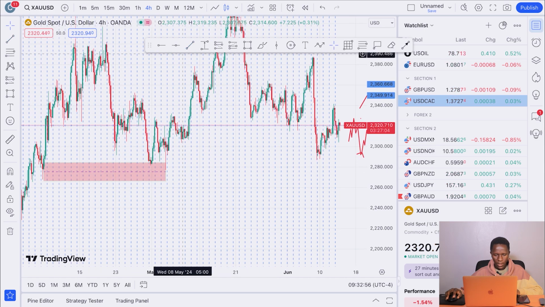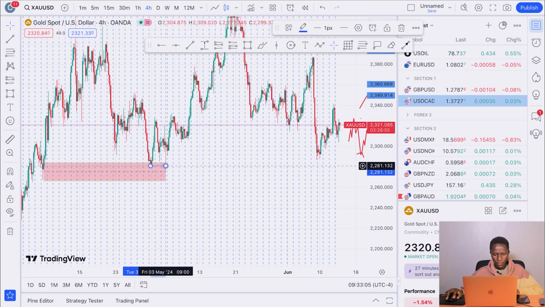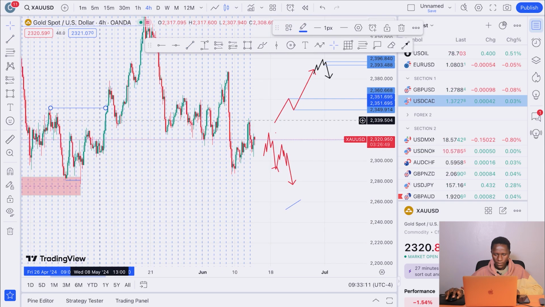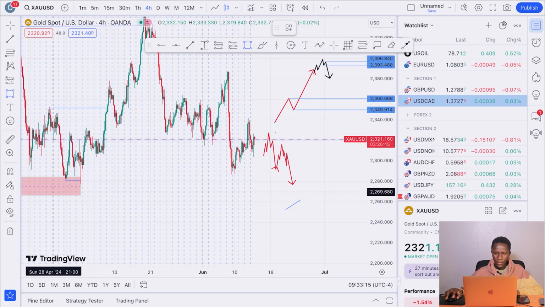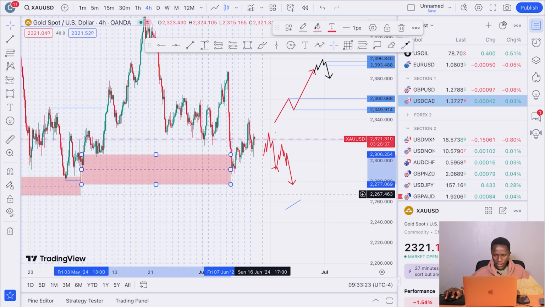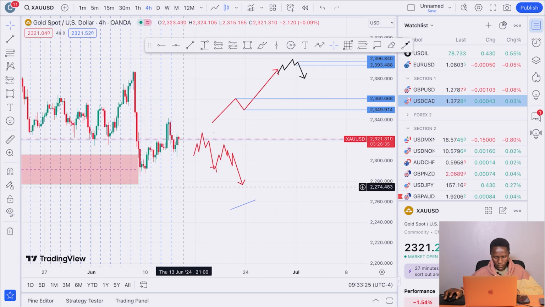I see the gold had to mitigate this, and it had swept, it choked, then it came again during the fundamentals. Remember, it had to come and mitigate this, and this was mitigated.